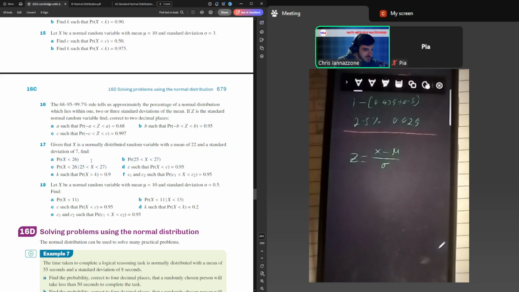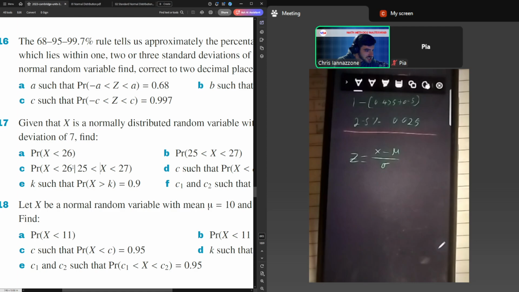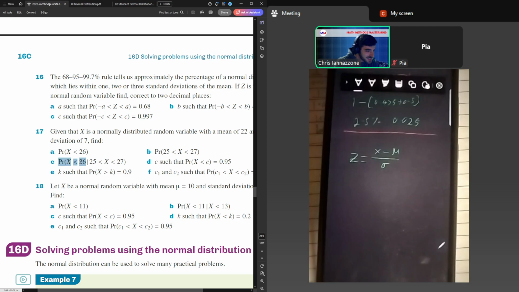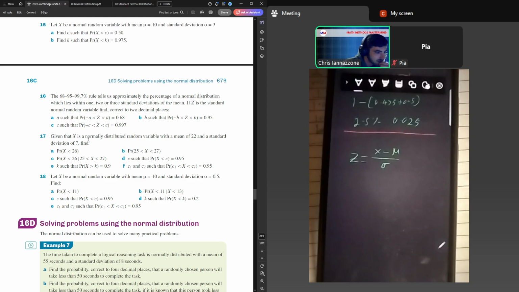I vaguely remember these being tough. Let's see. Oh, there's even conditional probabilities in there. My God. Okay, that's going to be really strange. This one's not super accessible. I wouldn't worry about it. I haven't seen that in a question before. I do remember these being difficult though, so let's have a read.